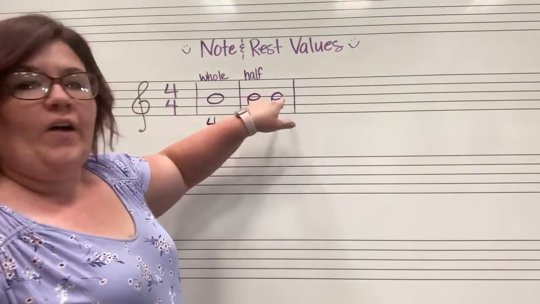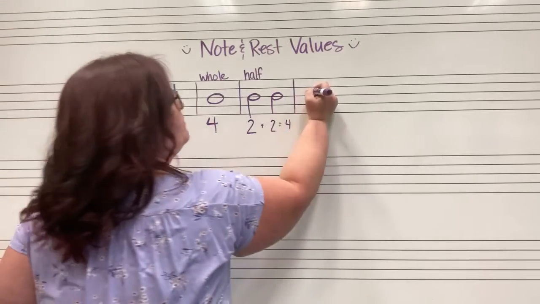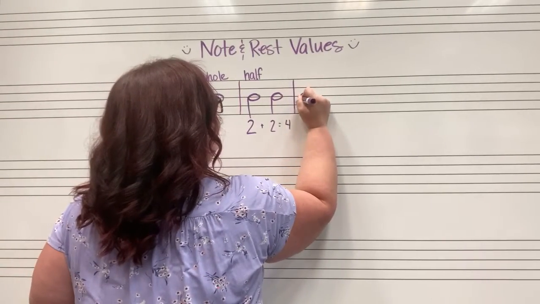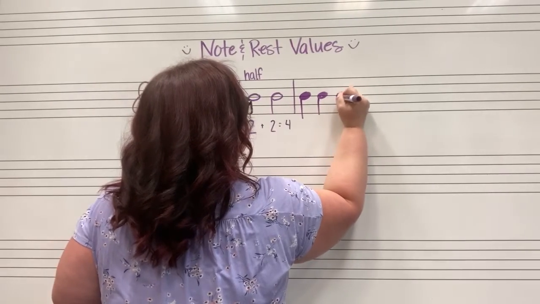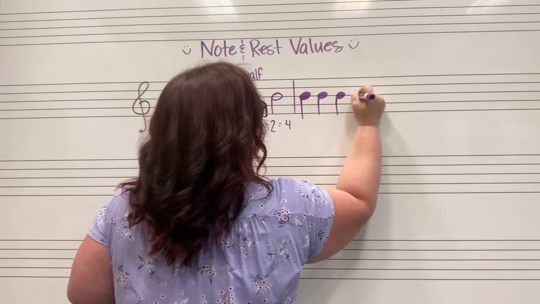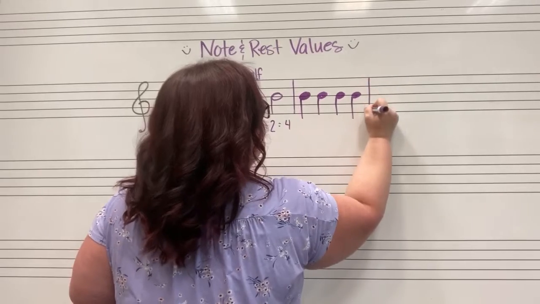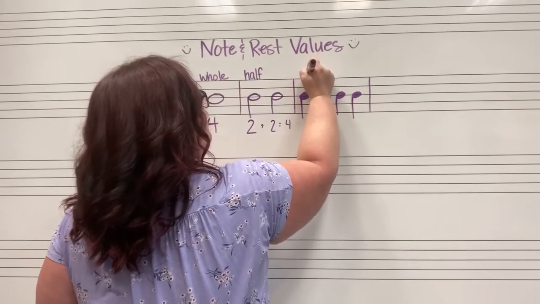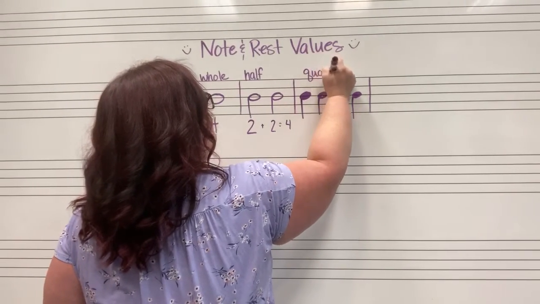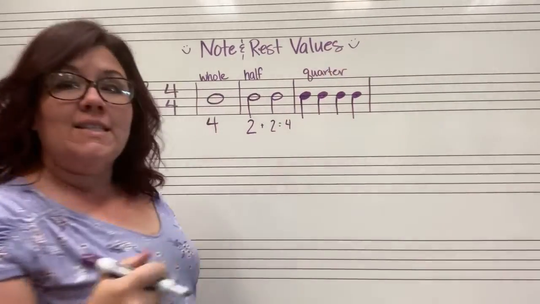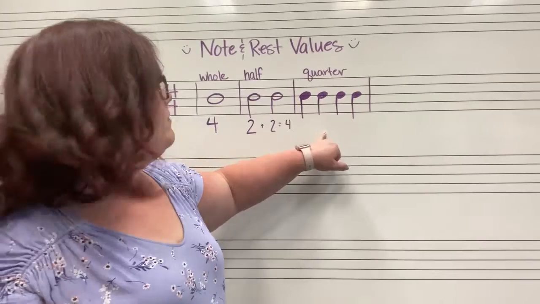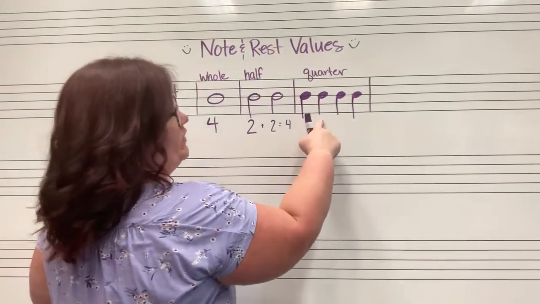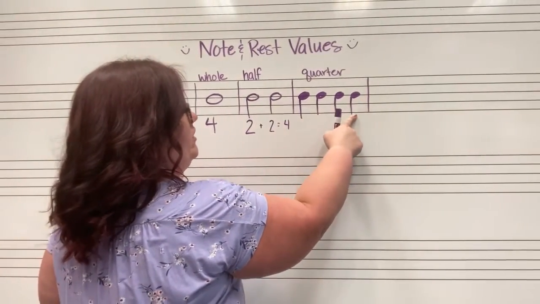We're gonna go ahead and divide these in half again here. Our next one is the quarter note. And you guessed it, each quarter note, if you think of this like a dollar, so you've got 25 cents, 50, 75, a dollar.